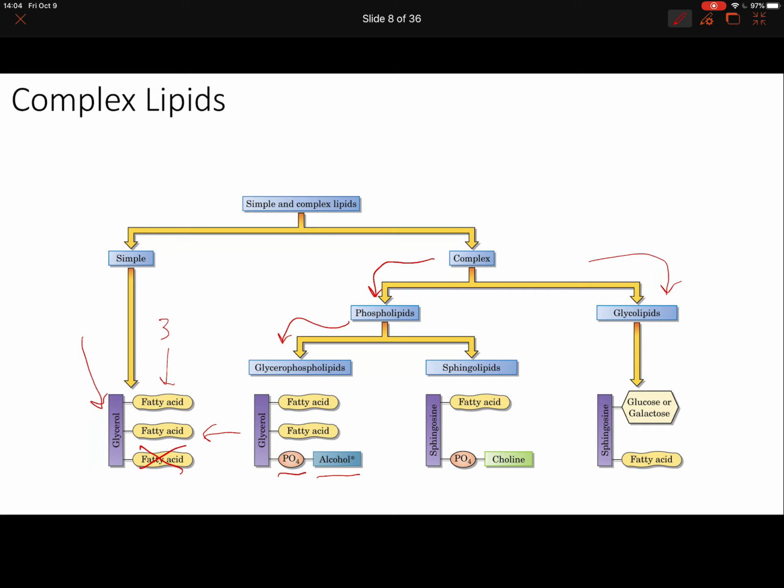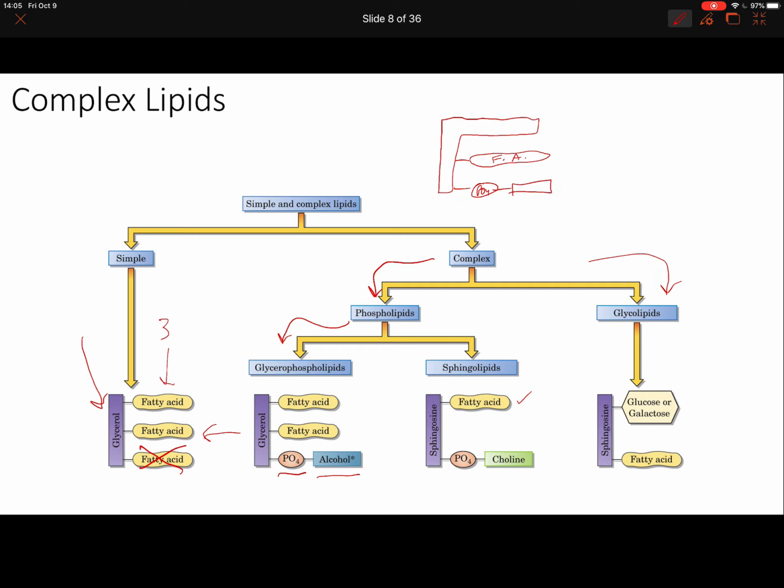In the sphingolipid, you can see here that it does indeed only have one fatty acid, and they're not really doing a great job showing the structure here. If I was drawing it, I'd say that this is sphingosine, this is my fatty acid, and here is my phosphate ester.